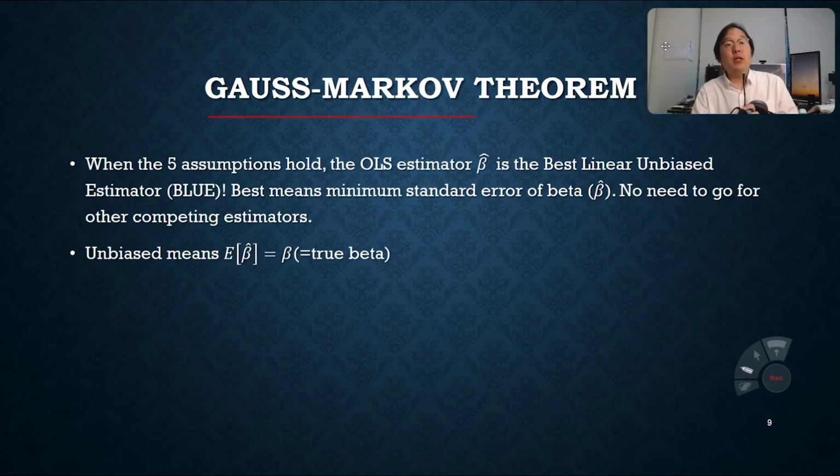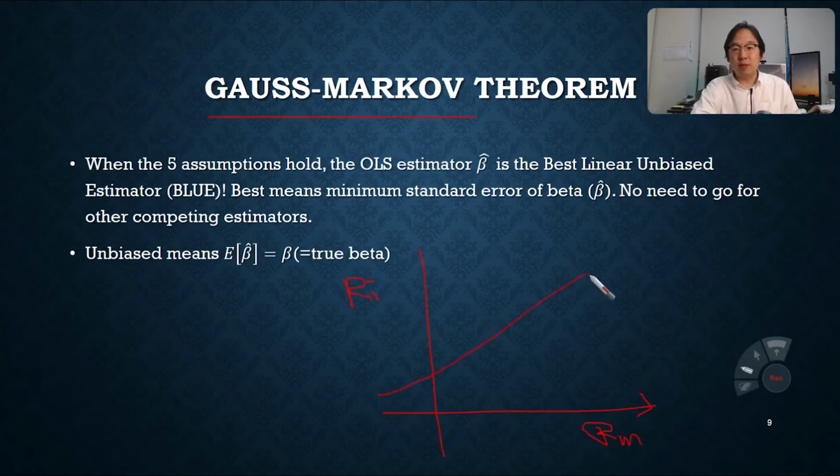By the way, what do you mean by unbiased estimator? Well, it means that the average of your beta estimate should be the true beta, right? For example, your CAPM characteristic line, let's say, for Tesla. You have Tesla's return and then market return over here. And you ran a market model regression like this.